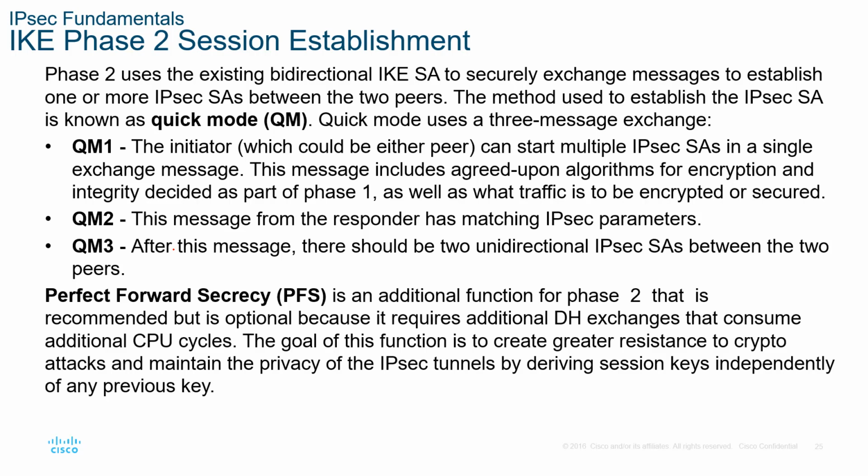Also in Phase 2, we have what's known as perfect forward secrecy, or the PFS function or parameter. This is an additional function for Phase 2 that is recommended but not always optional, because if it's required, the additional DH exchange will consume additional CPU cycles. The goal of this function is to create greater resistance to crypto attacks and maintain privacy.